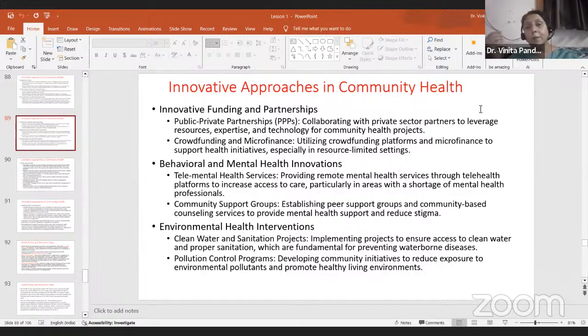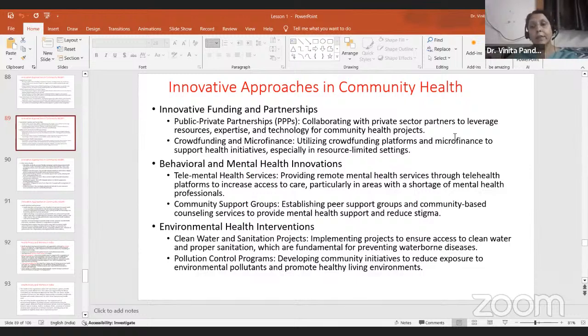And also microfinance, wherever possible, you are doing micro level savings so that better saving can be done, and that saving can be used as funding for necessitating better spending, especially in the public sector healthcare system.